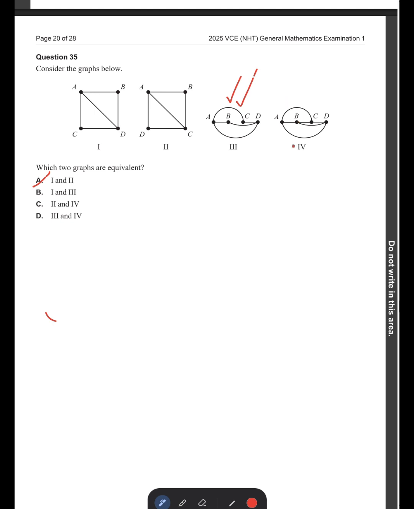B goes, nope, so not that one. And then we just check. C goes to A and D. And then D goes to B and A and C. Yeah. So it's 1 and 3 that are the ones that match.